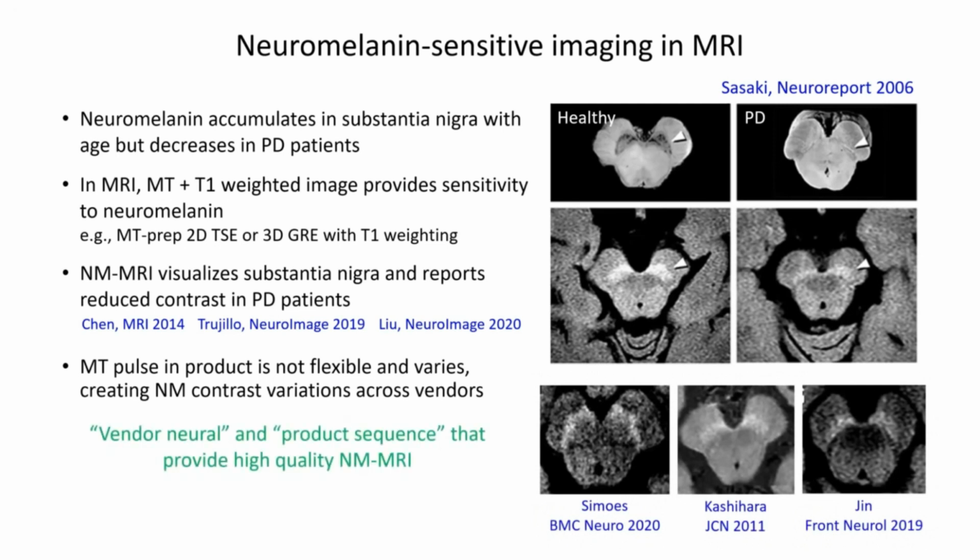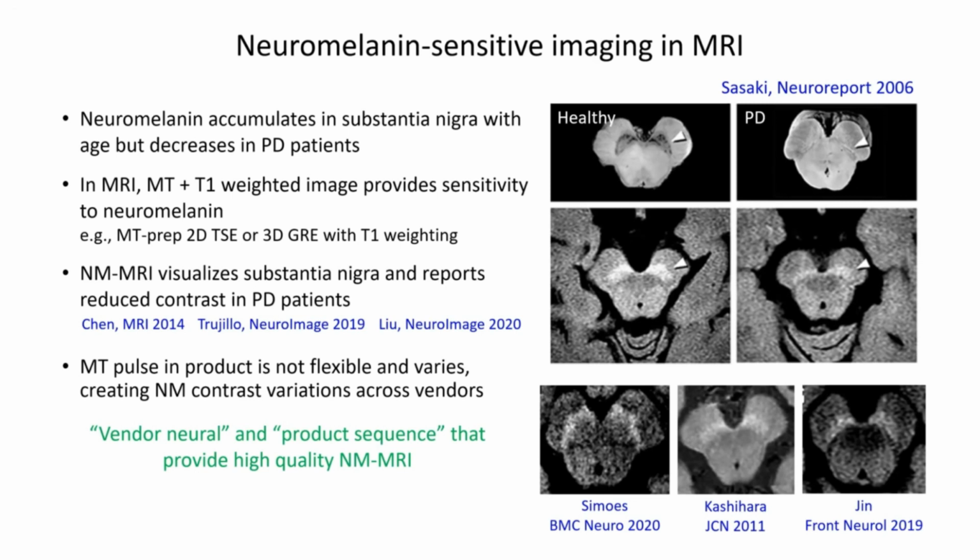And from our point of view, we want to get one sequence that works for all vendors. So it is a vendor neutral sequence. And we also don't want to do any sequence programming. So we want to have these product sequences that can be vendor neutral to a certain extent and still getting high quality neuromelanin MRI.